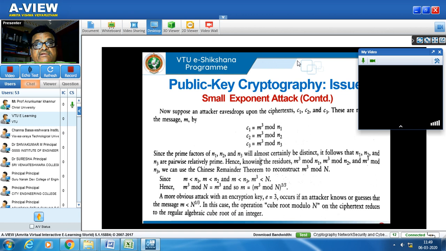Thus, calculation becomes simpler, and we are going to get the encryption key, and based on encryption key, we can arrive at the inverse of that, which is decryption, and get the original message. This is called small exponent attack. Chinese remainder theorem plays very important role here.